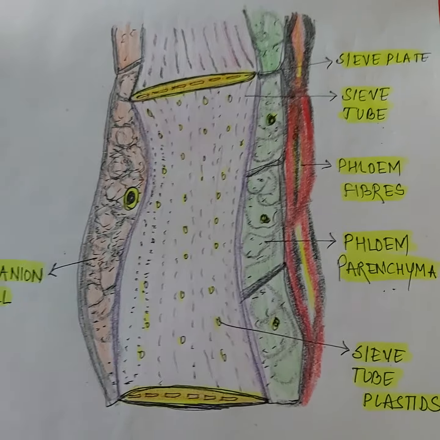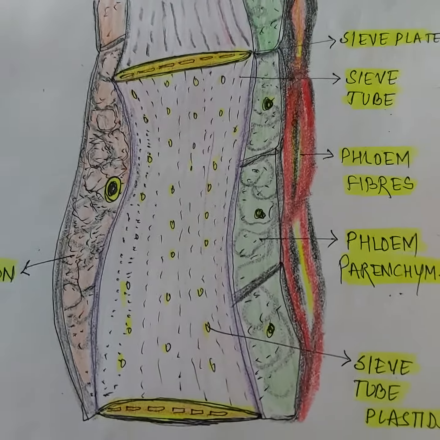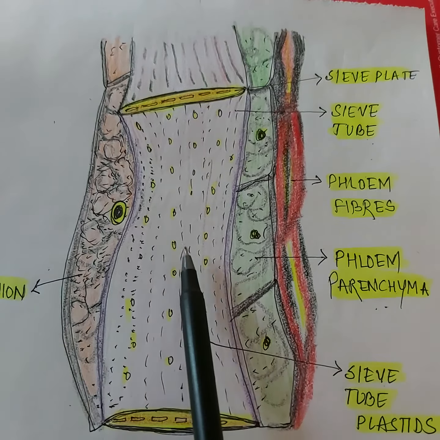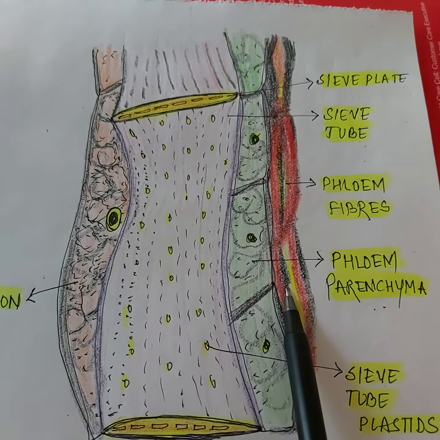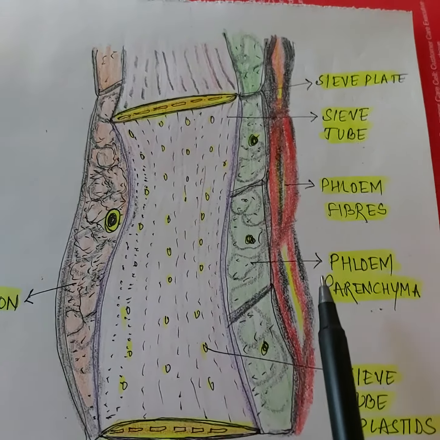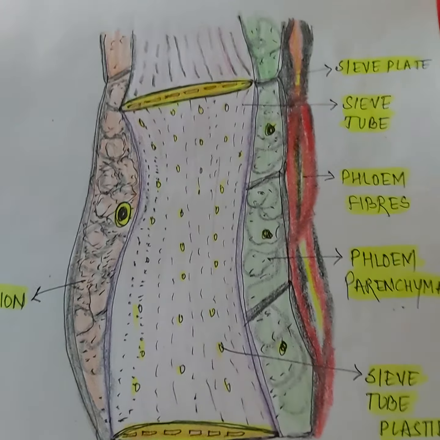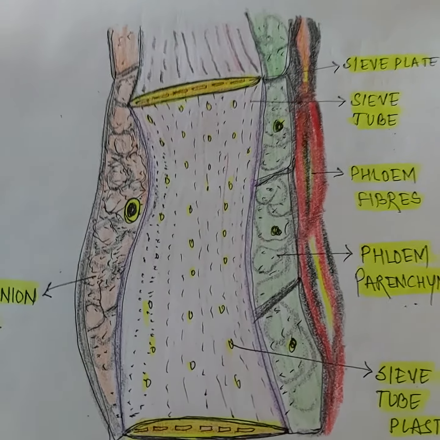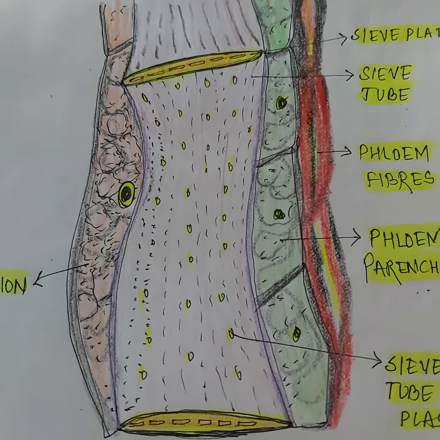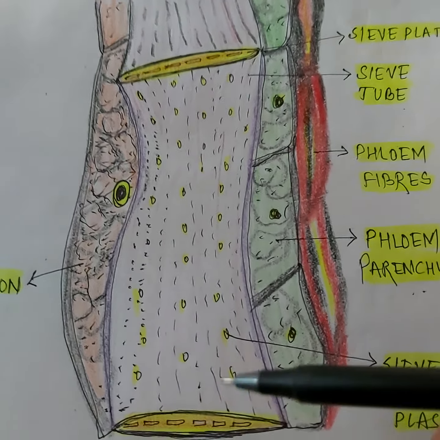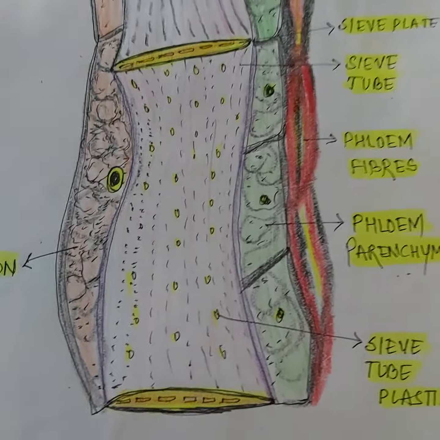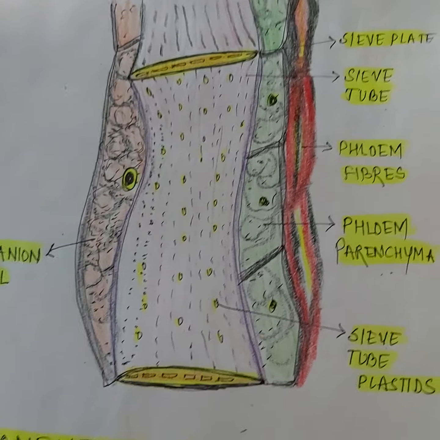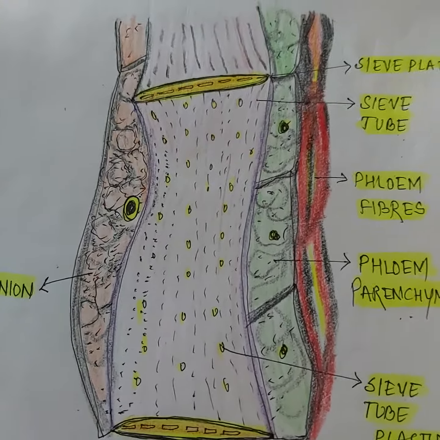Children, these are the four elements forming the phloem tissue: sieve tubes, companion cells, phloem parenchyma and phloem fibers. One more thing: food is generally transported in the plant body in the form of a sugar called sucrose. For grade 9 and 10, this much understanding is more than enough.